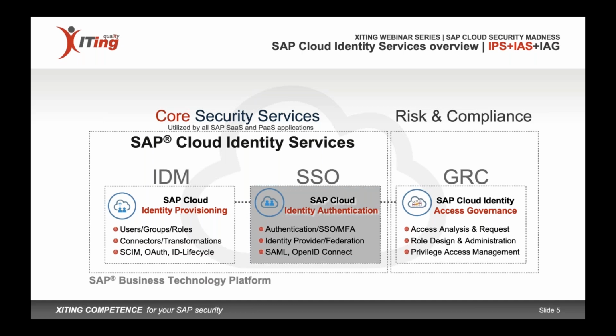So that's the one you already learned about in part 2. And you should know that currently both are in the process of transformation. SAP is heavily working on that to really convert everything into a one-stop shop, providing a holistic approach to identity and access management for all SAP Cloud applications. Currently, both components seem to operate independently, but that will change in the next couple of months, I'm sure.